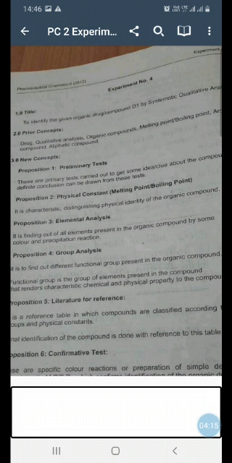And this grouping is done based on the solubility in a particular solvent. For example, for the first and second group, the reagent or the solvent considered is water and ether. Then in group 3A, acid is taken as a reagent, hydrochloric acid. So this grouping is done depending on the solubility of the given organic compound in a particular solvent.